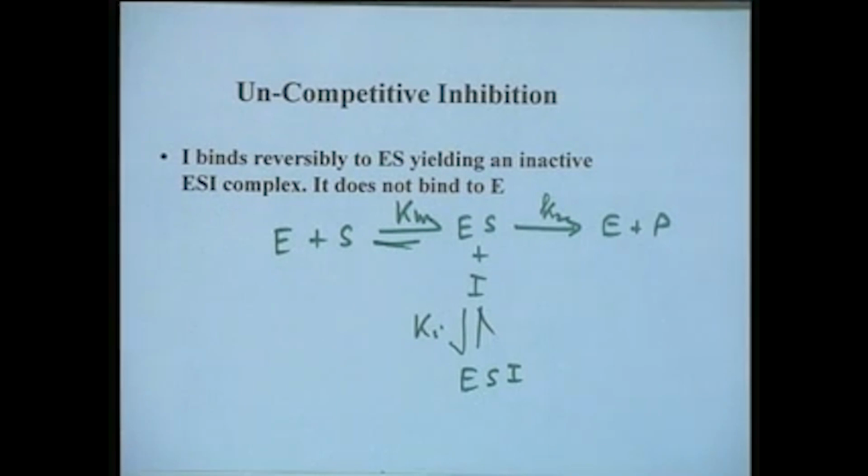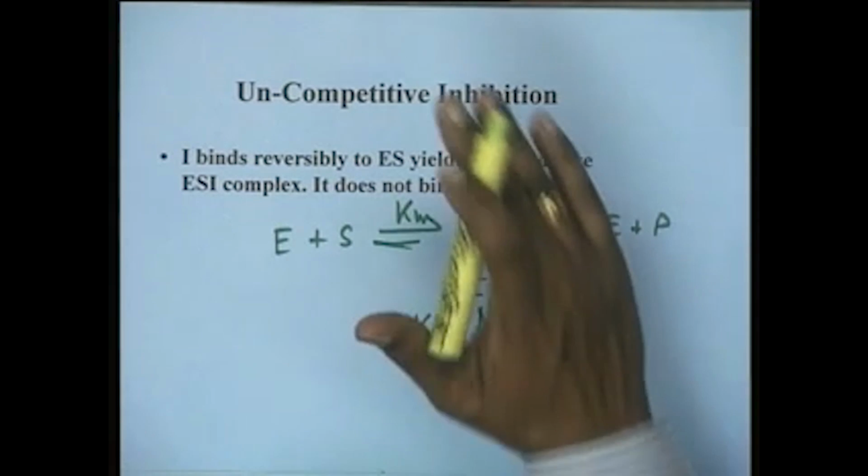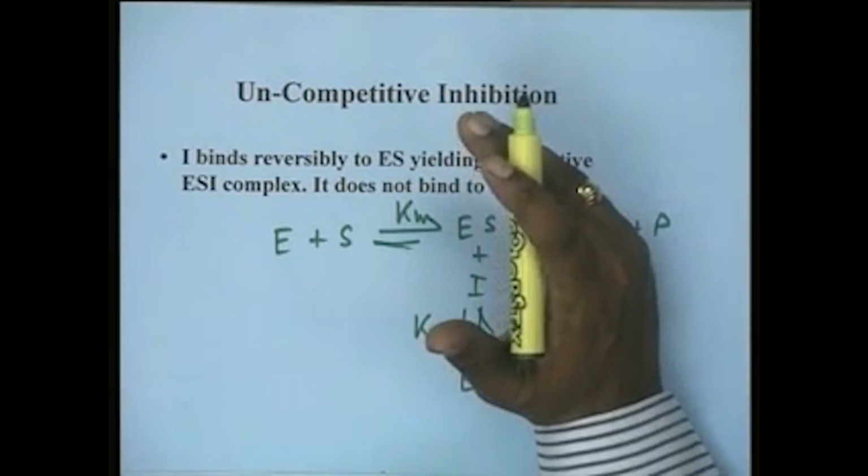But still, the idea of uncompetitive inhibition has been very useful in understanding the reaction mechanism for bi-substrate reactions. And essentially, when we look at a bi-substrate reaction, we will notice that this inhibition pattern gives you a lot of information about the sequence of binding of the substrate.